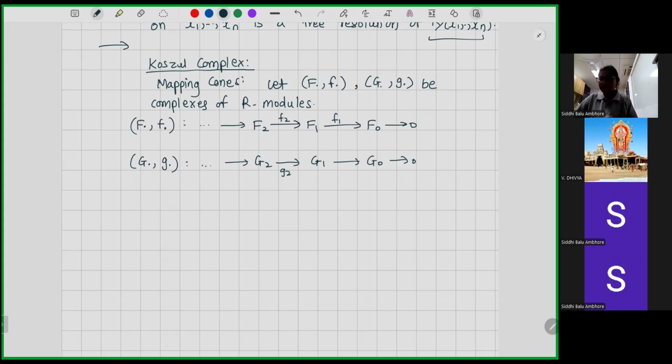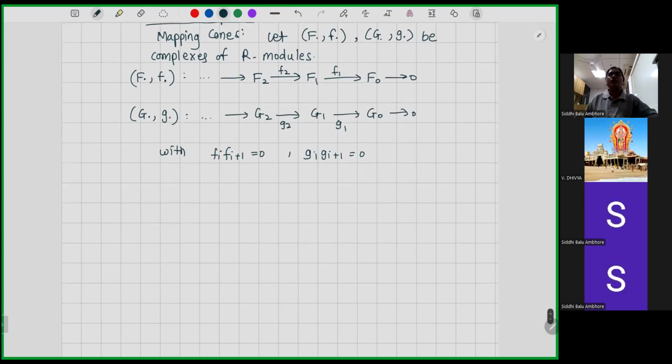Since these are complexes, this implies the conditions that fi composed with fi plus 1 is 0, and gi composed with gi plus 1 is 0. So we have these two conditions. These are two complexes.